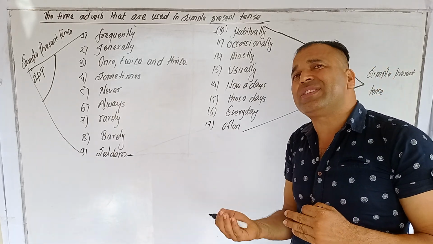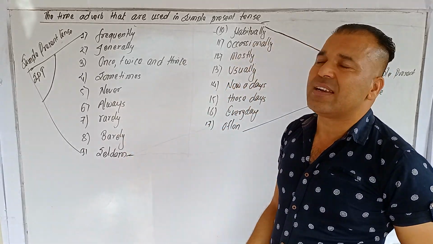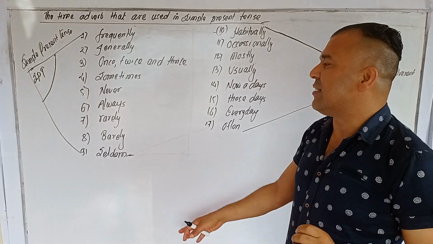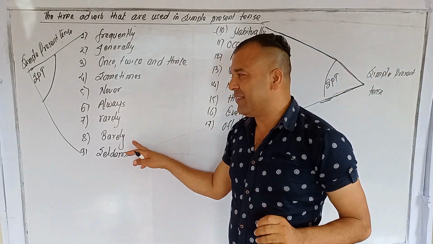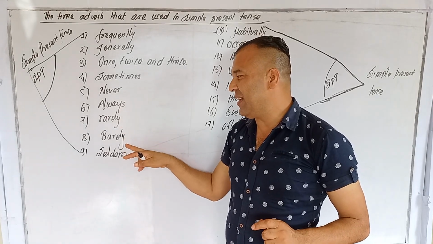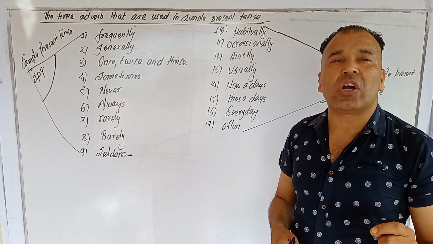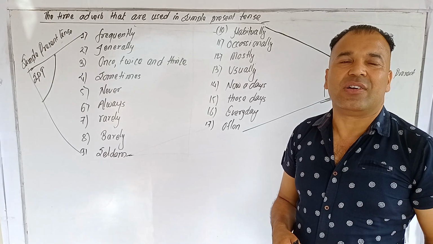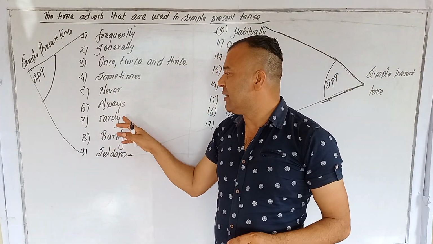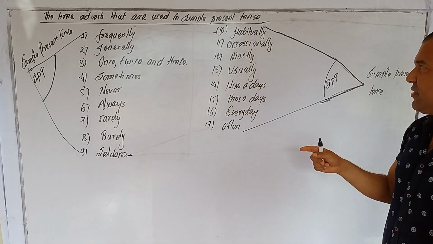Seldom means almost negative. Rarely, barely and seldom give the negative meaning. Understand? Barking dog seldom bites. Almost negative meaning. Habitually, it depends on habit.